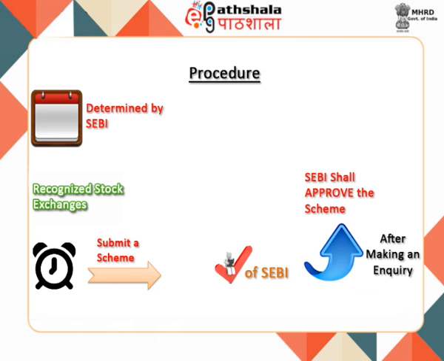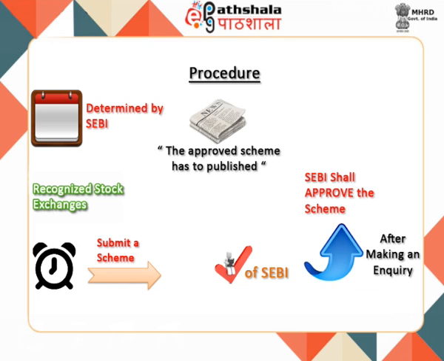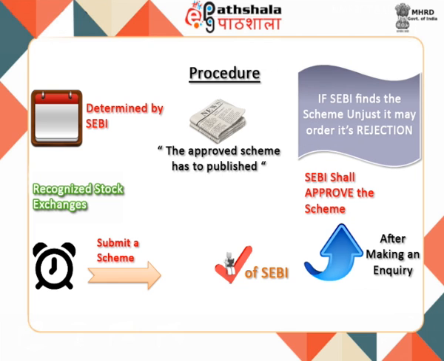The approved scheme must be immediately published by SEBI and by the recognized exchange in two daily newspapers which are circulated in India. Where SEBI is of the view that the scheme is unjust and not in the public interest, it may reject the scheme and publish the order of rejection in the official gazette.